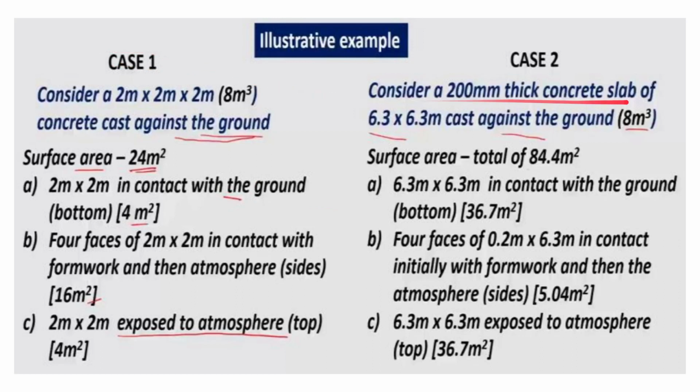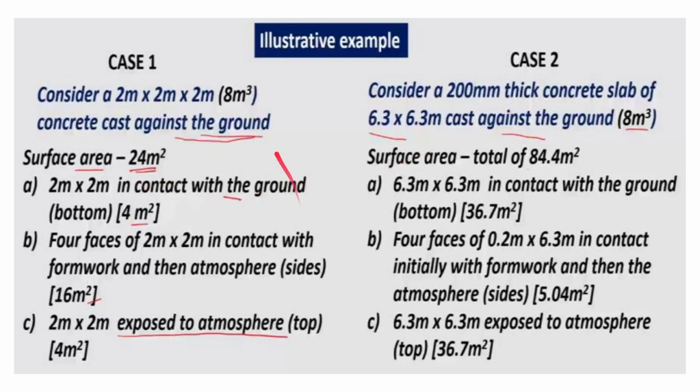So if we take an illustrative example to understand even better, let us consider two shapes, one a cube and one a slab, both having the same volume. The cube is 2 meter on each side, and the slab has a lateral dimension of 6.3 by 6.3 meter and a thickness of 0.2 meter or 200 mm.